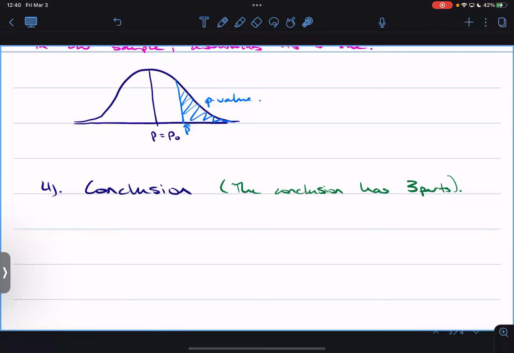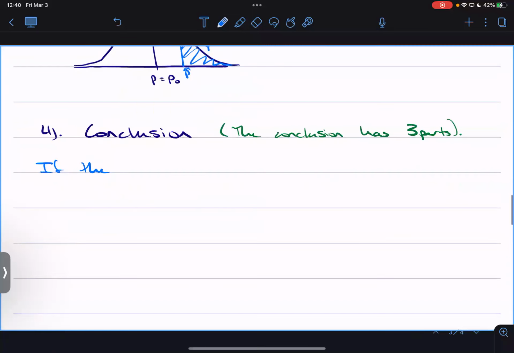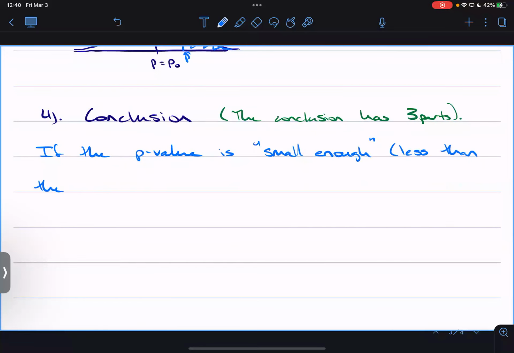And so if the p-value is small enough, and I'll put it in quotes, meaning less than the alpha level, out of nowhere.